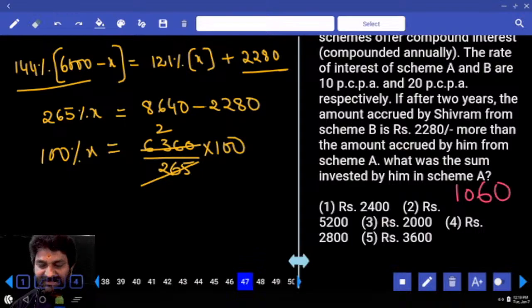106 అగైన్ 0 కదా. ఇంతవరకు చూస్తే ఆన్సర్లో సెకండ్ కాదు, థర్డ్ కాదు, ఫిఫ్త్ కూడా కాదు, అవునా? అయితే సెకండ్ లేకపోతే ఫోర్త్.